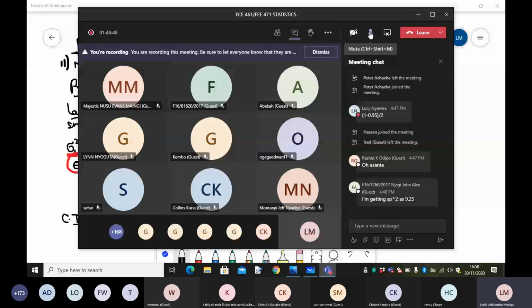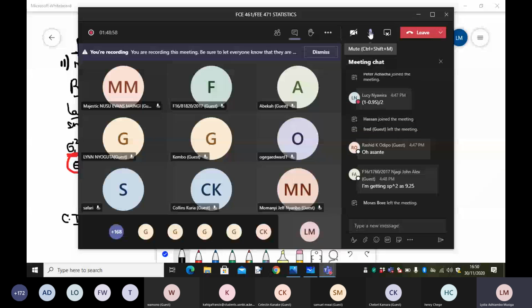No, that's not correct. Around 13 plus around 10, 20 something divided by 8 is around 3. Please, Njage, just calculate again. Lucy Nyawira, your comment is right. It is 1 minus 0.95 divided by 2.